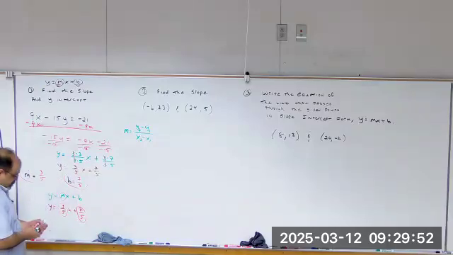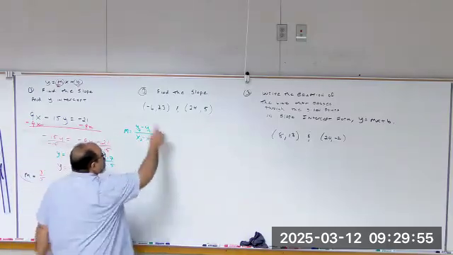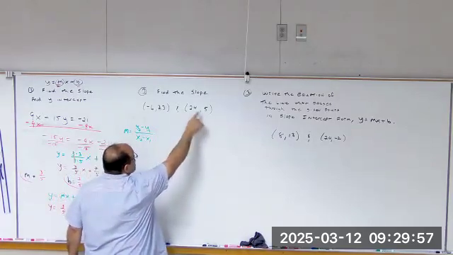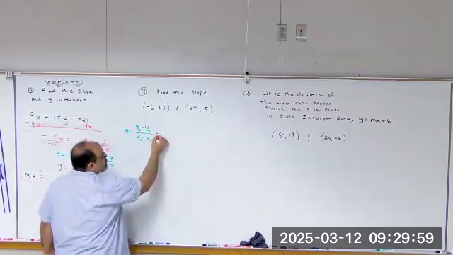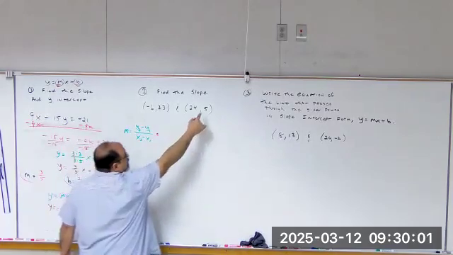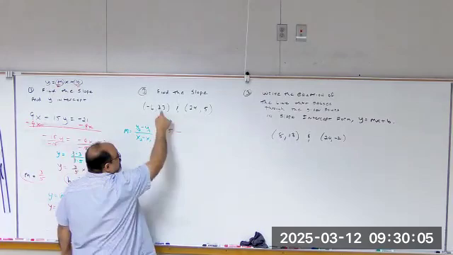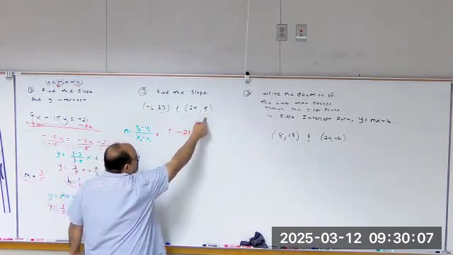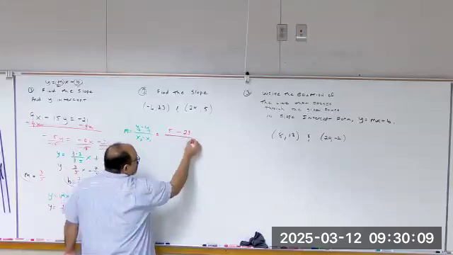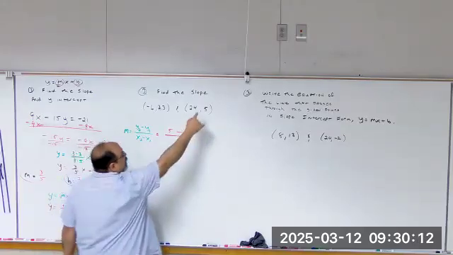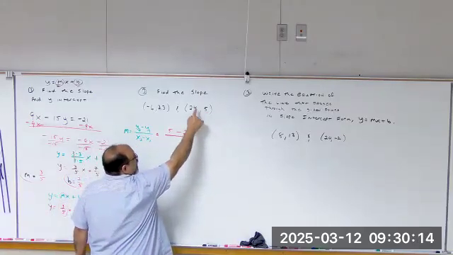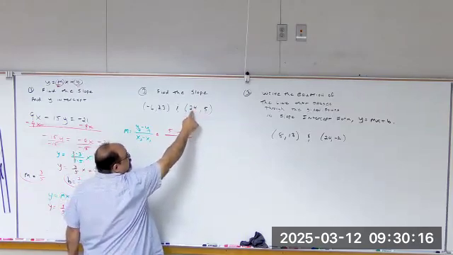So pick a y. What do you want to pick? The 23 or the 5 to start? 5. So if I start from this y, 5, minus this y, which is 23, we subtract the y's, over, we subtract the x's. If I start from this 5, I have to start the denominator from this x.